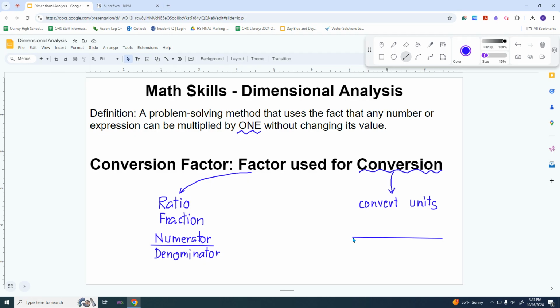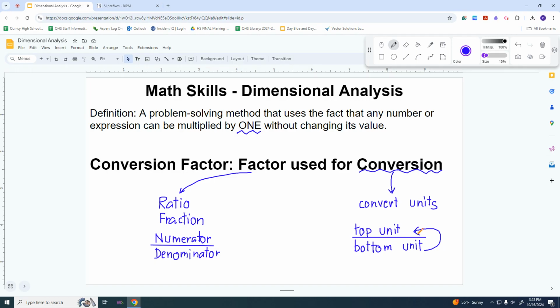Convert from the bottom unit to the top unit. Okay, a conversion factor is a ratio of top unit over bottom unit, and it will convert from the bottom unit to the top unit.